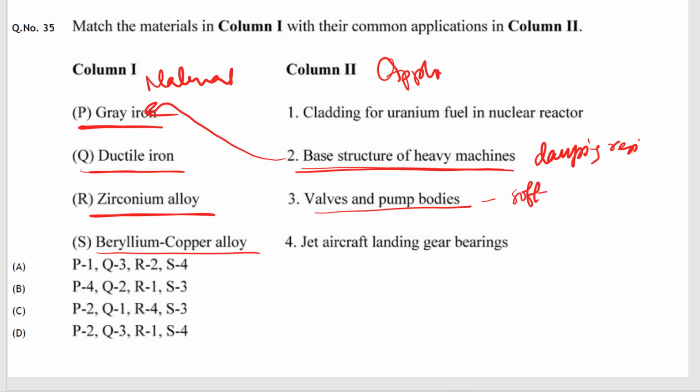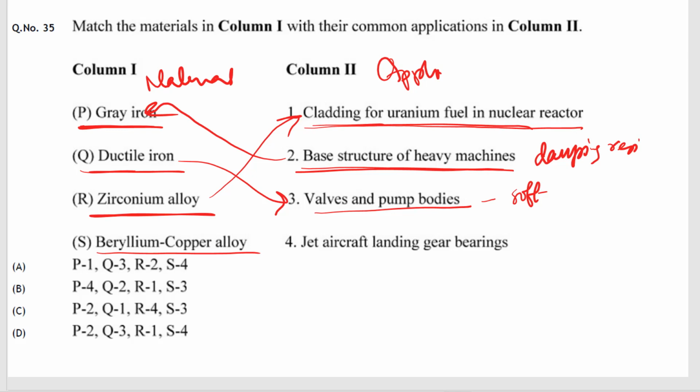So this should have some ductility in it. So ductile iron will be used. Next is zirconium alloy. So zirconium alloy will be used for the cladding purposes because this helps in some absorption and these things.